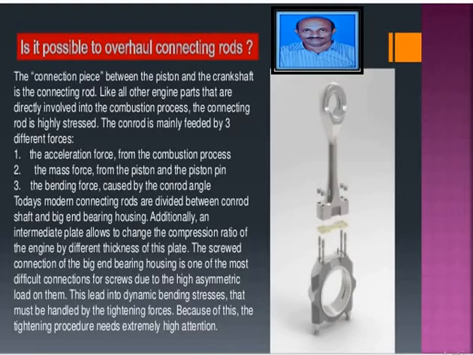Nowadays we divide the connecting rod into two parts: one is the connecting rod shaft, another is the big end bearing housing. The connecting rod shaft means the small end bearing. Another thing, we can change the compression ratio of the engine with the thickness of this plate.